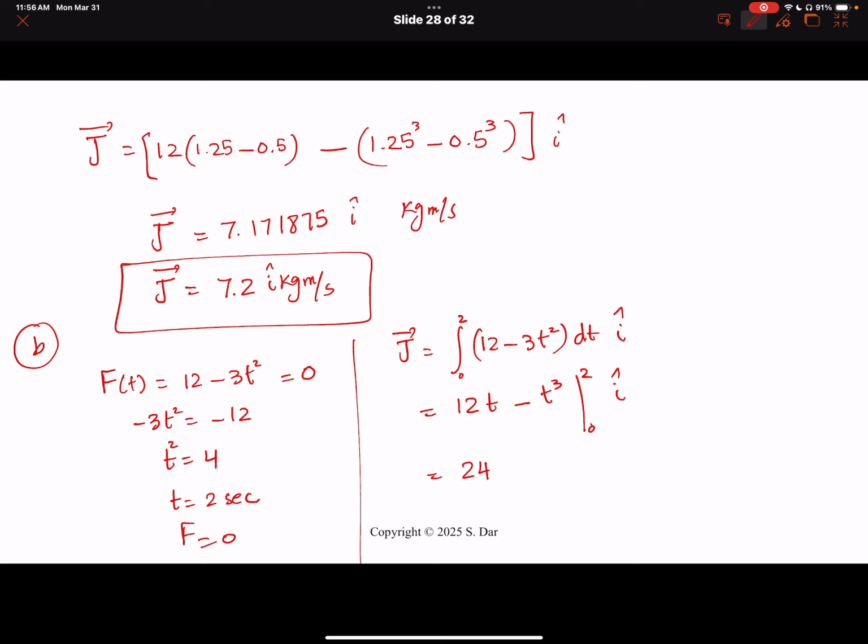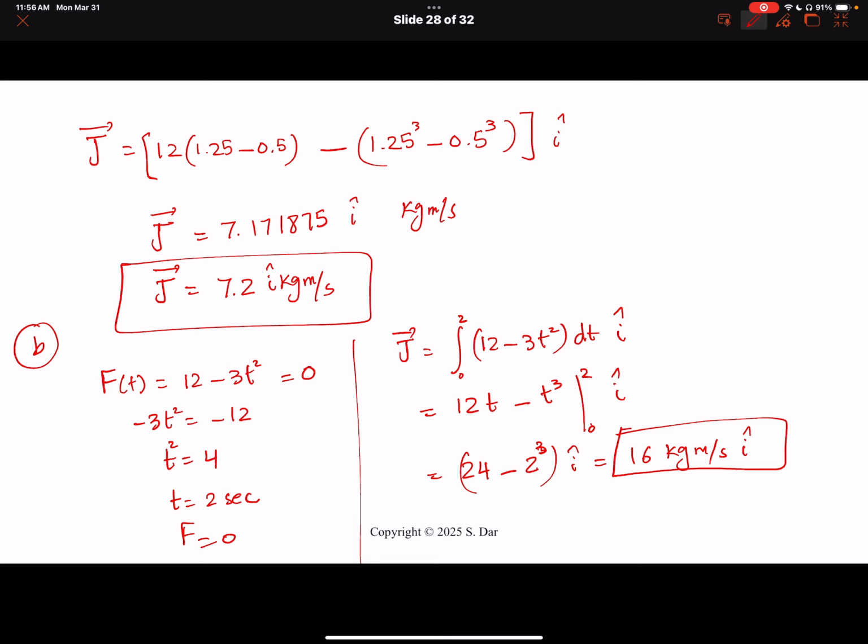So 24 minus 2 cubed, i hat. So that is 16 kilogram meters per second. That is the new impulse.